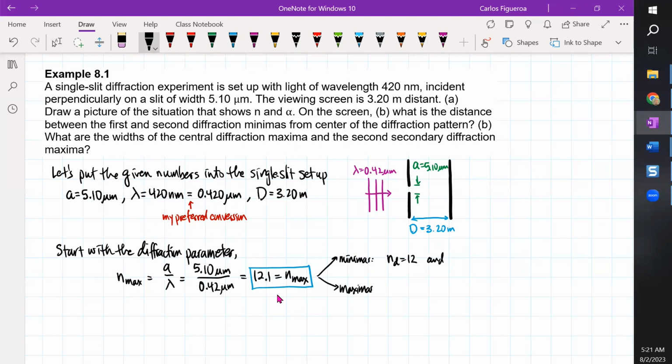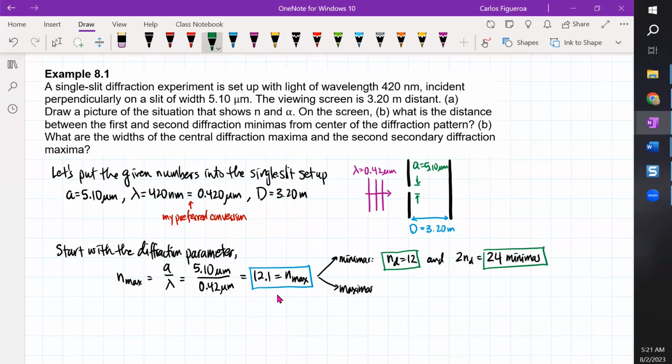And the number of minimas should then be 2 times ND, which is 2 times 12, so it should give me 24 minimas total. So I now know my values.